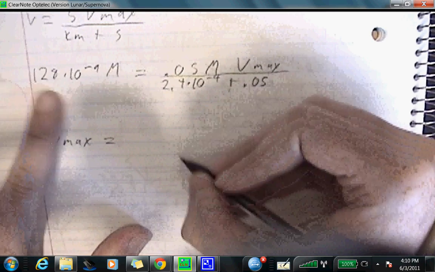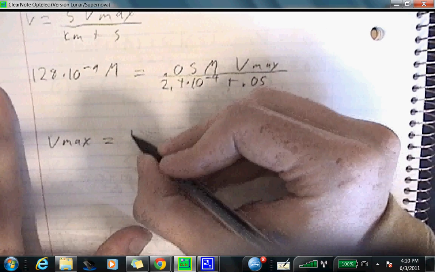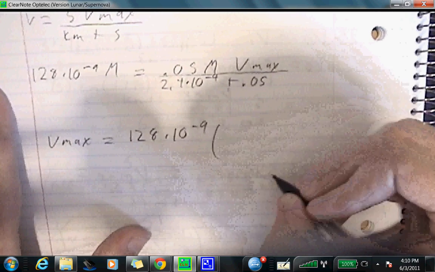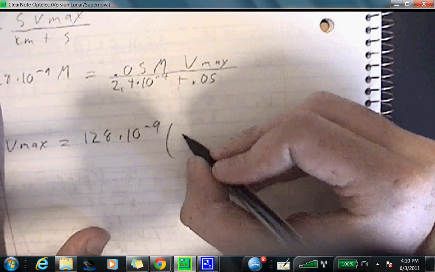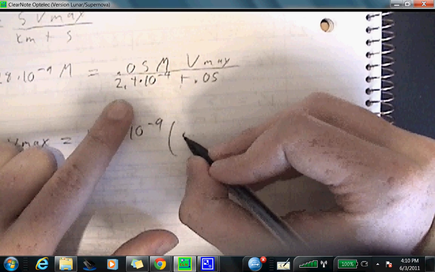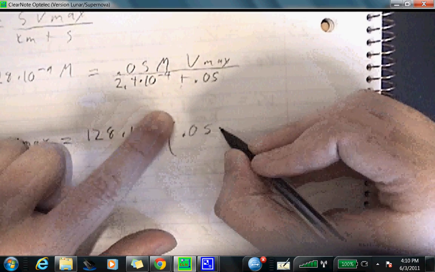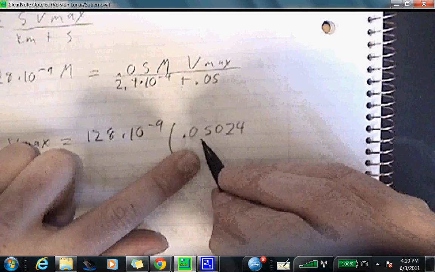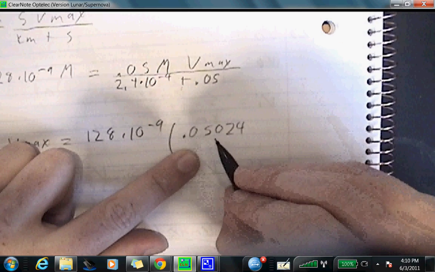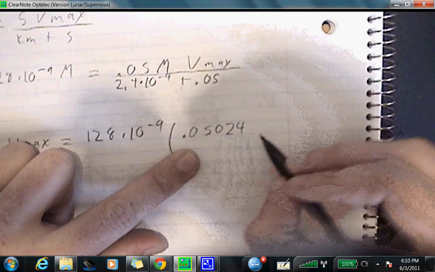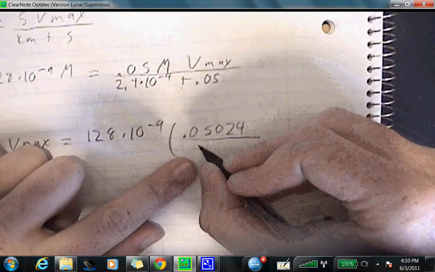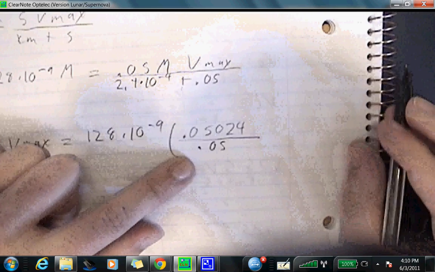So Vmax is going to equal 128 times 10 to the negative 9th times 0.05024, divided by 0.05.